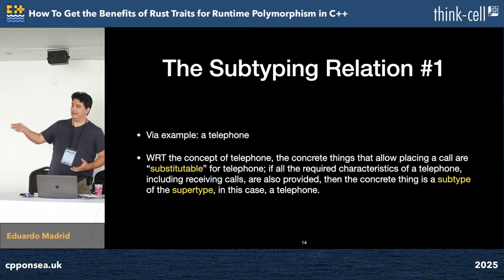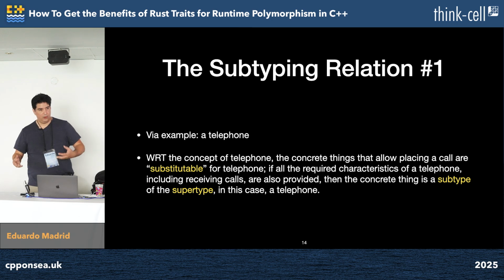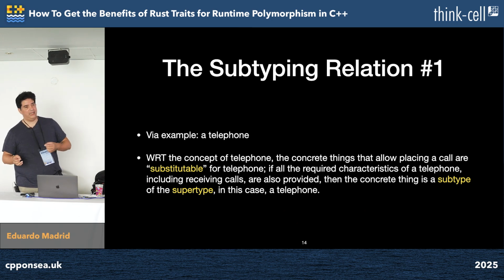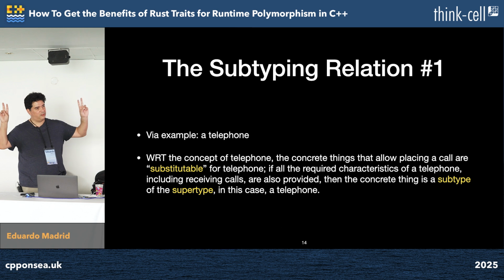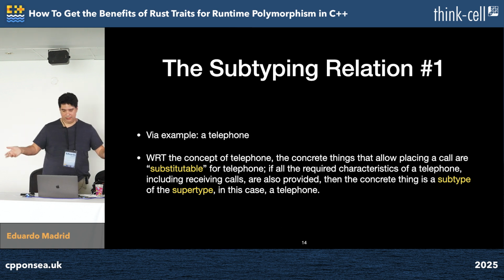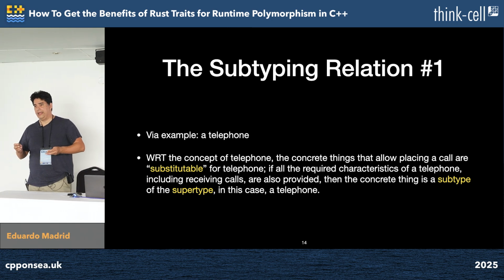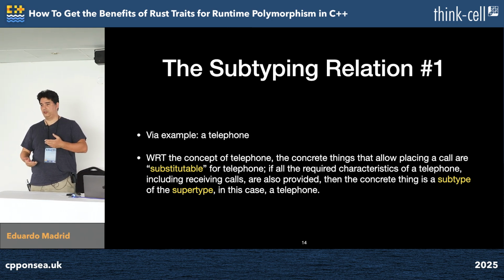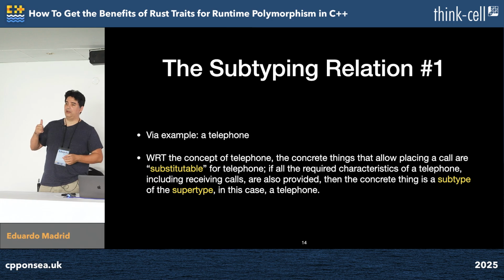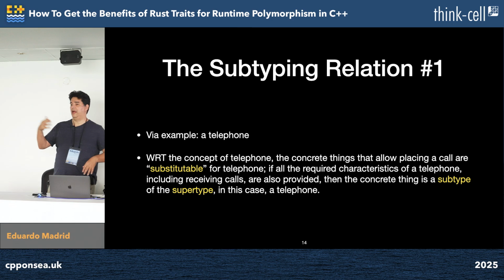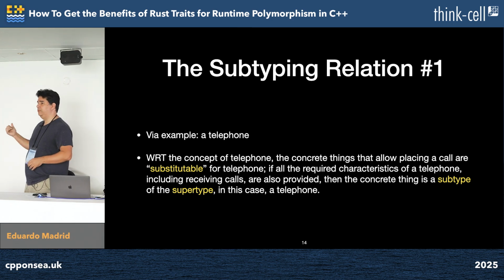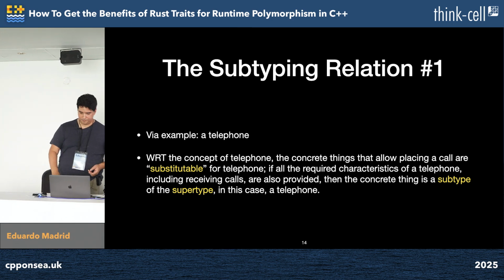That means you can substitute and things will continue to work. That is the essence of the property of substitutability. This property is induced by a relation of subtyping, which has two directions: the more concrete, less abstract subtype, and the less concrete, more abstract supertype. In this case, a smartphone would be a subtype, and the supertype would be the concept of the telephone.